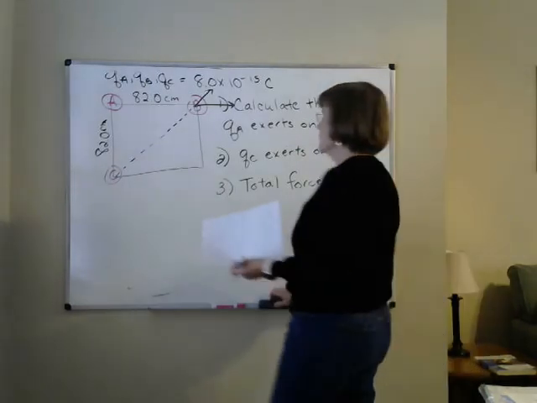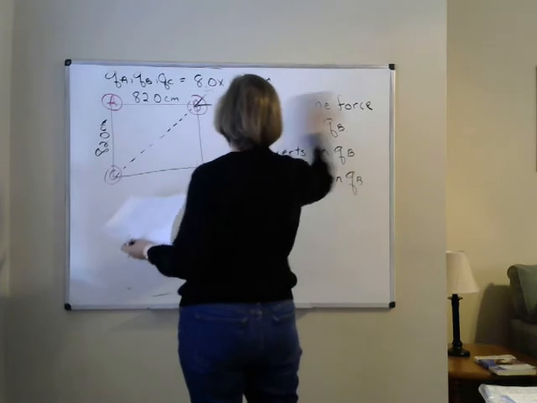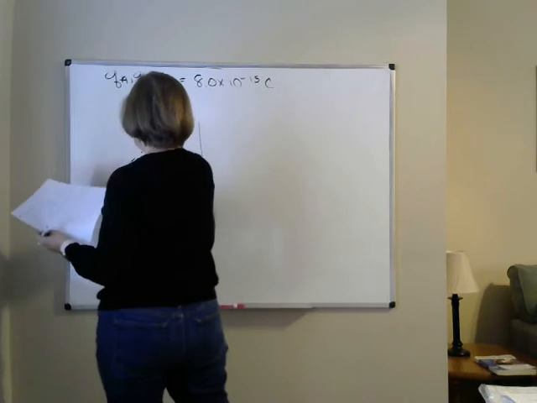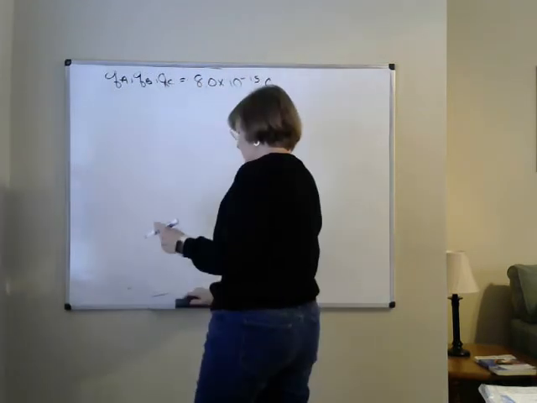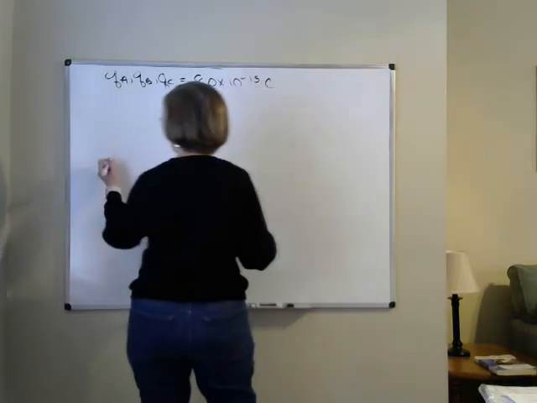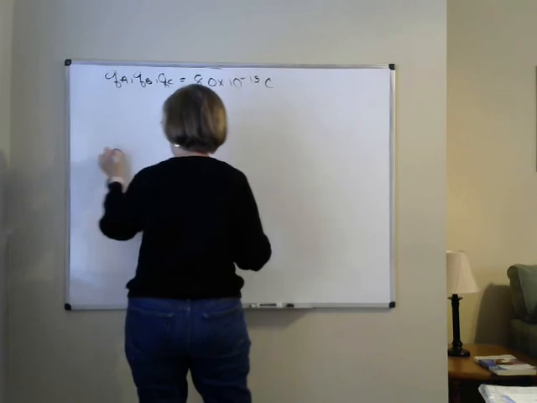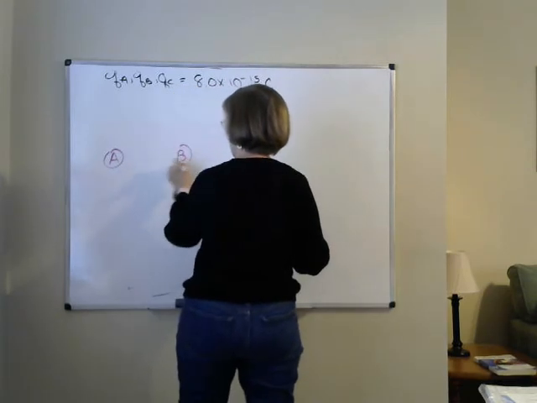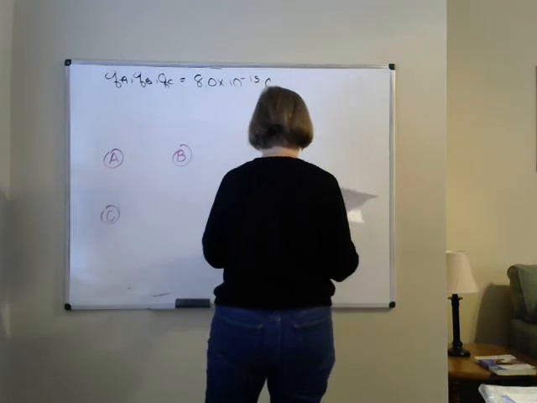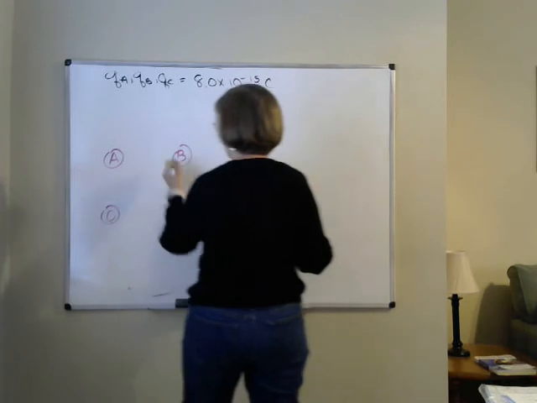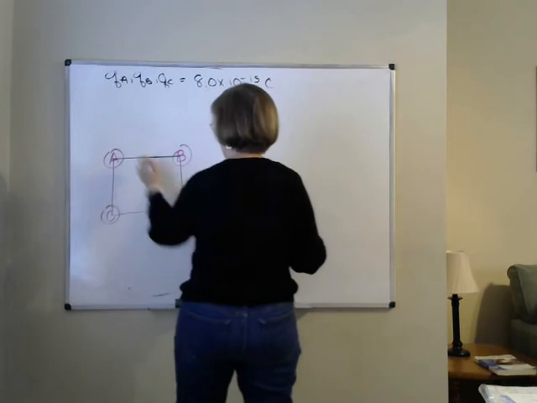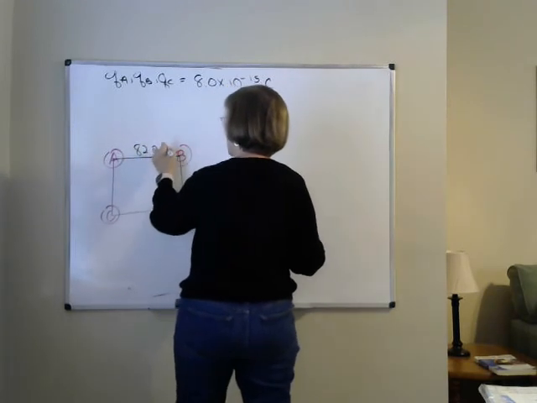All right, let's see if we can do some calculating. I want to move my picture down low so we can draw better arrows. Here's A, here's B, here's C, here's our square, 82 centimeters on each side.